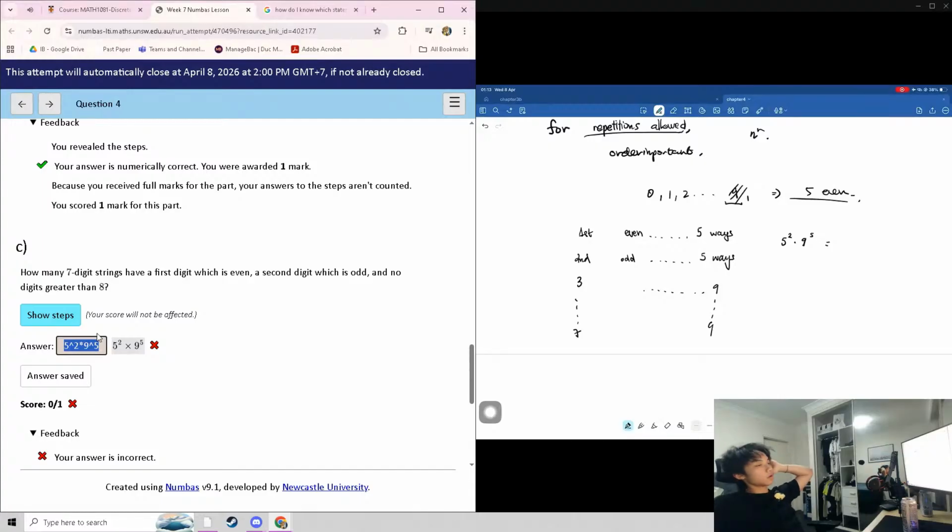None of the digits are greater than 8. So actually, this is wrong. This is 4 ways. So it's 5 times 4 times 9 ways.